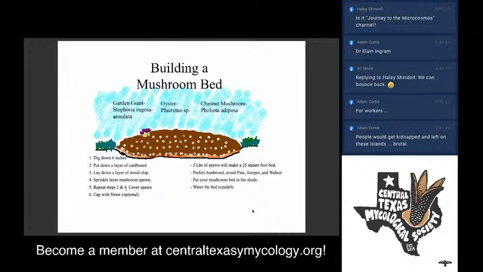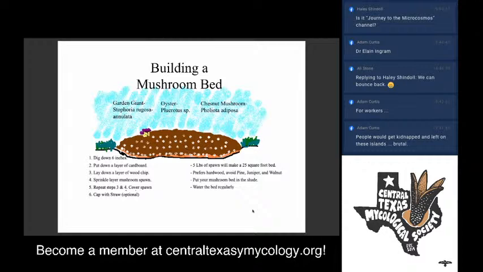As far as starting your mushroom beds, you can start them in the spring, but I would recommend starting them now in the fall, because you're going to have that cool weather, potentially a good dose of rain, for them to really set off their growth. The cool temperatures will really help with that.